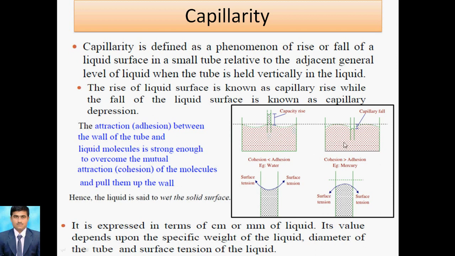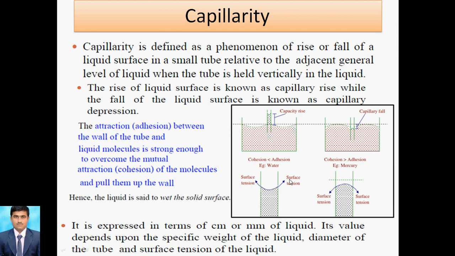If you place mercury, what will happen? When you place that vertical tube, the attraction between this fluid and solid is less. That means the cohesion bonding is greater than the adhesion bonding. So here the rise will not happen, only capillary fall will happen.